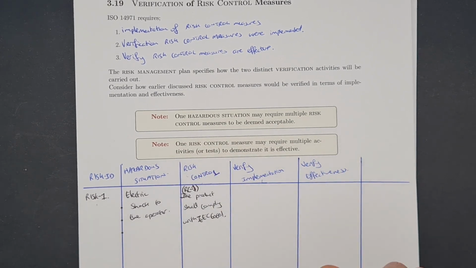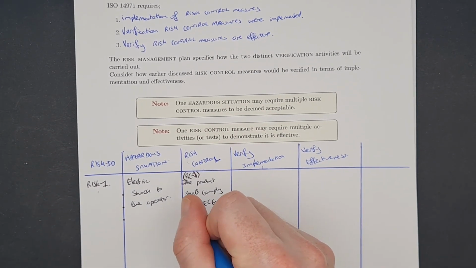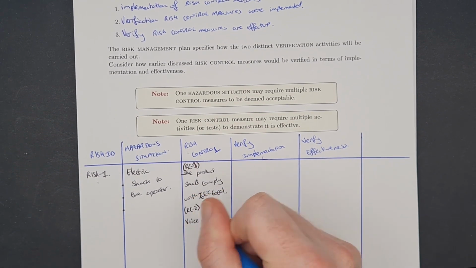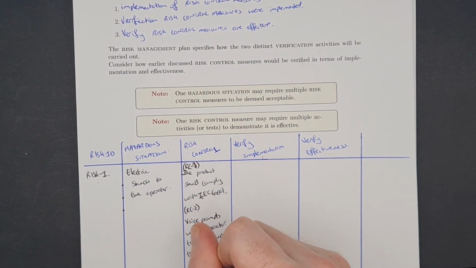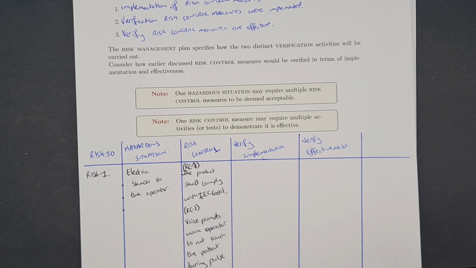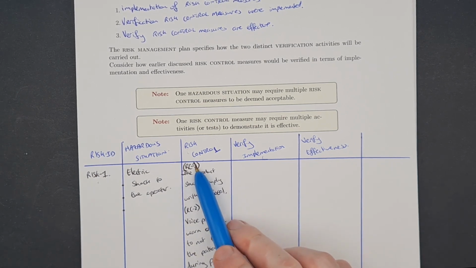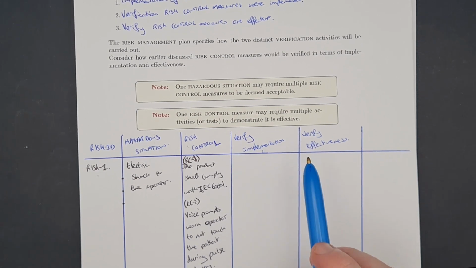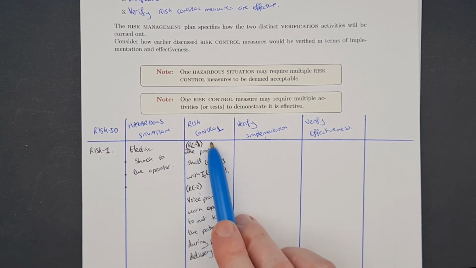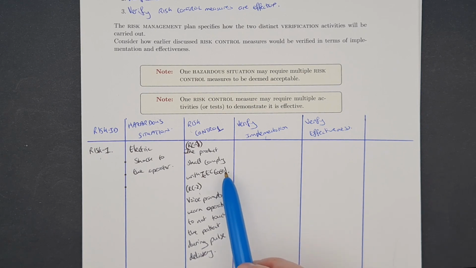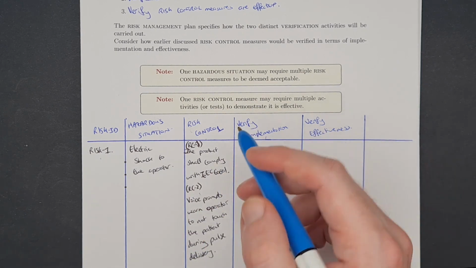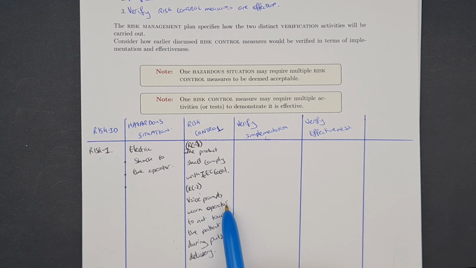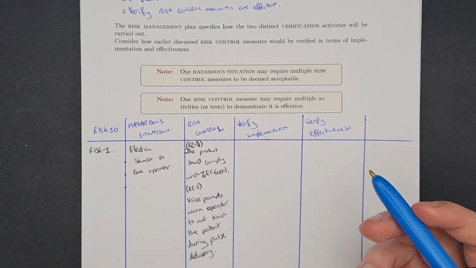You'd also want probably voice prompts to warn the user to not touch the patient during pulse delivery, etc. So that's risk control 1 and risk control number 2. Now, to verify their implementation, we would just add that one to the product requirements. That could be a system level test, or it could just be added to the requirements as well.